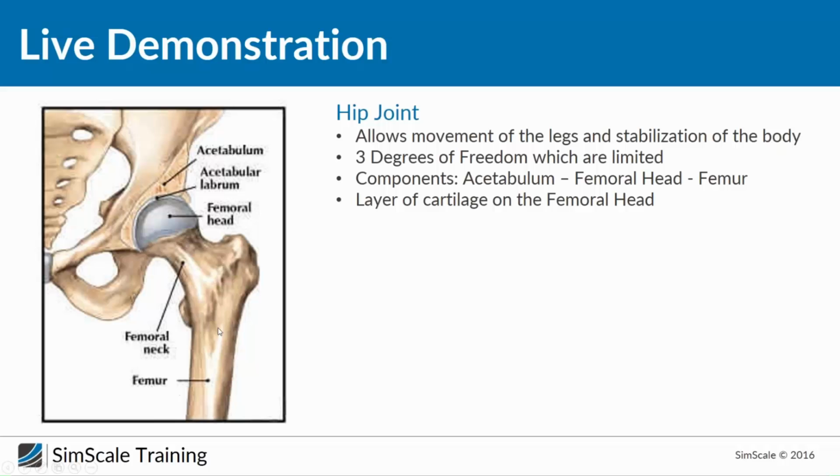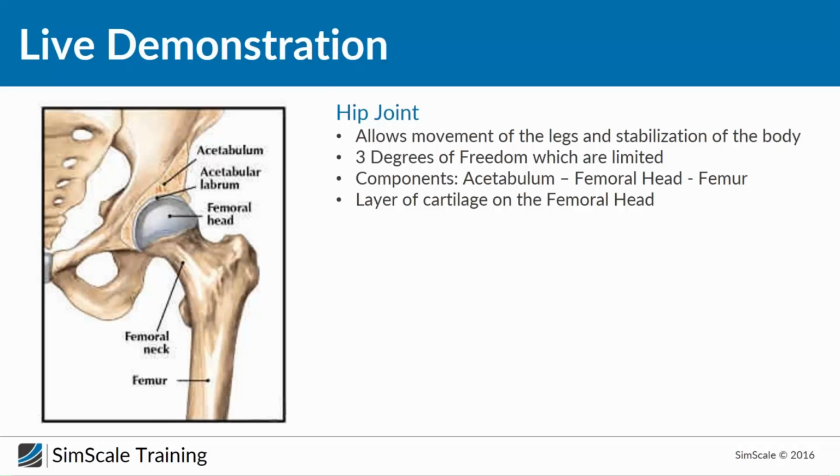And in the end, on the femoral head you also have a very thin layer of cartilage, which is called the acetabular labrum. And this layer, on the one hand, reduces the friction. On the other hand, it's also limiting the degrees of freedom.